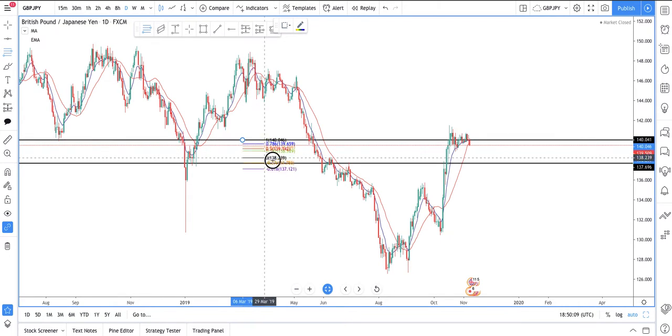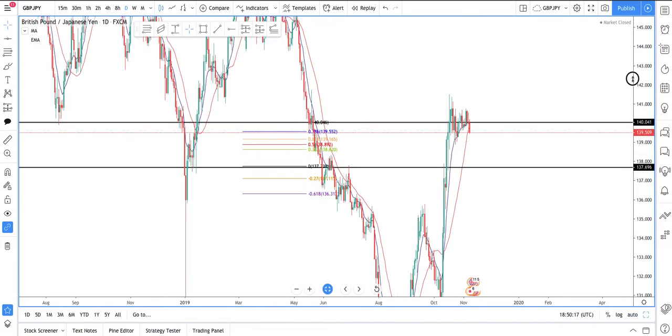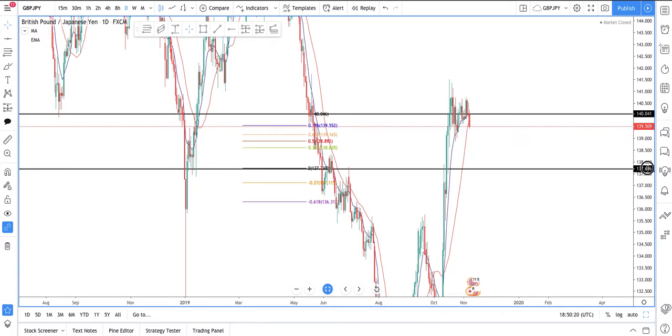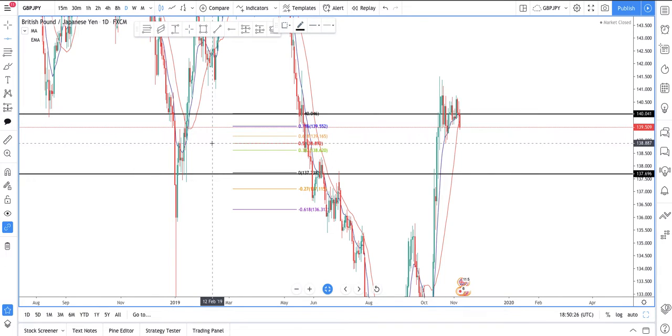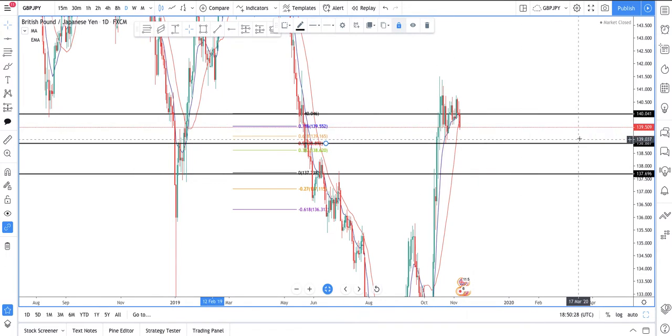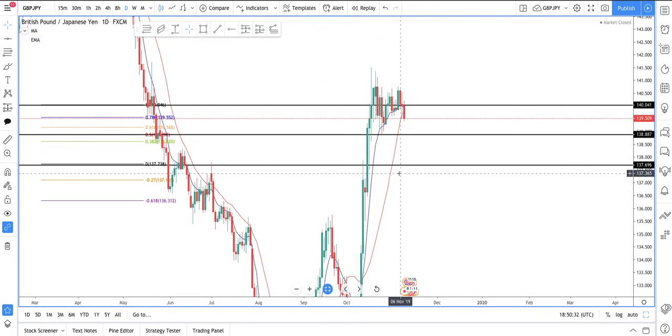So what I do, I use my Fibonacci tool and find weekly support or resistance. These are minor support and resistance levels, not major.